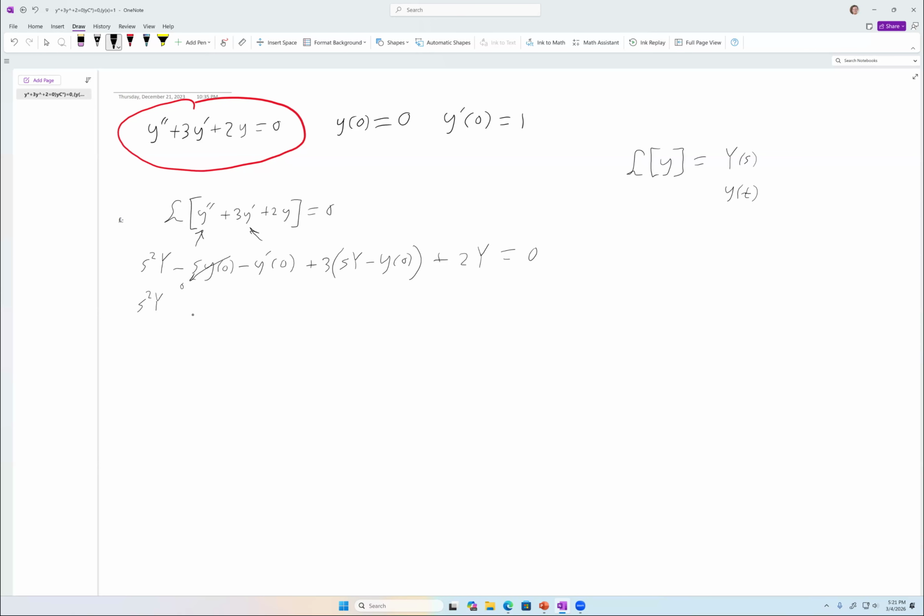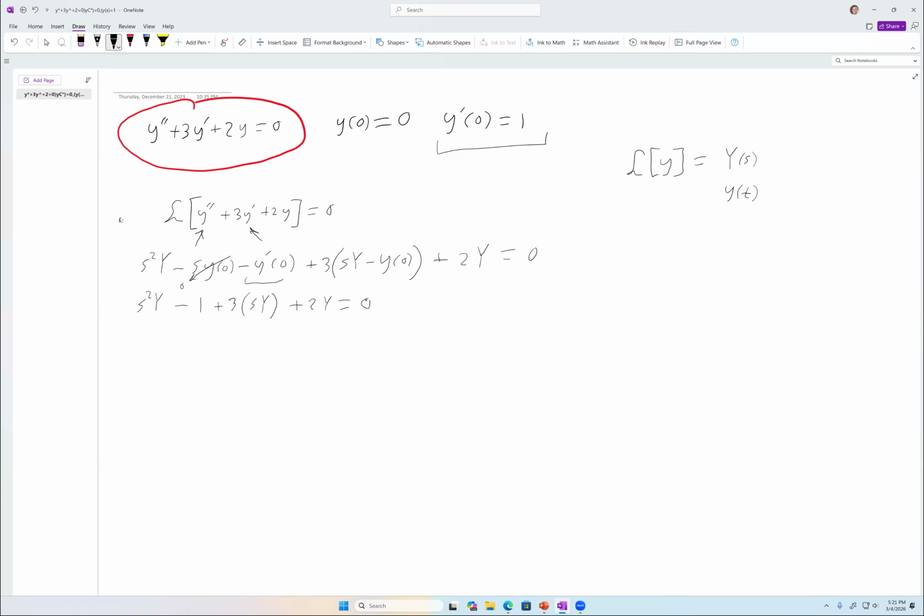The next one is going to be minus 1, so I can just plug that in. Now let's look at this next one. We're going to have sY, and like before, with our initial condition that y at 0 is just 0, we're just going to have this guy.